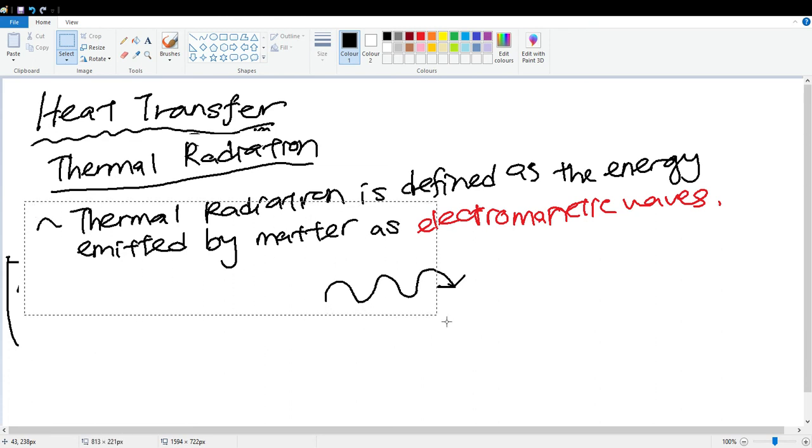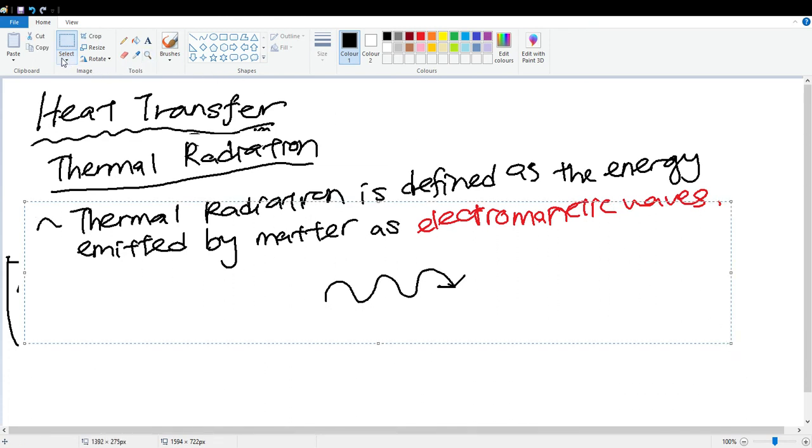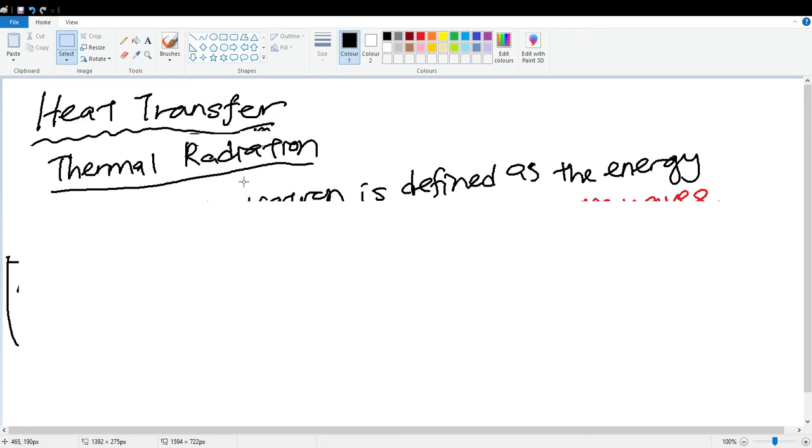Okay, so this is the definition. So let's talk about the properties of thermal radiation.